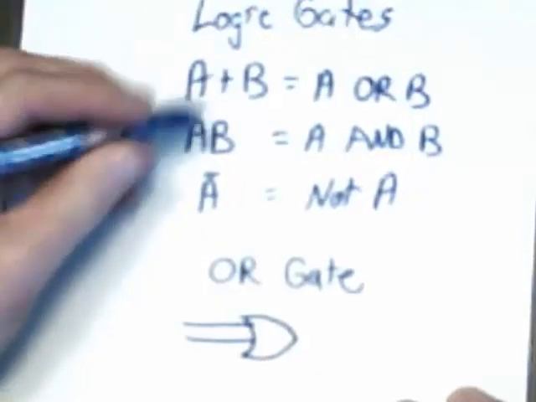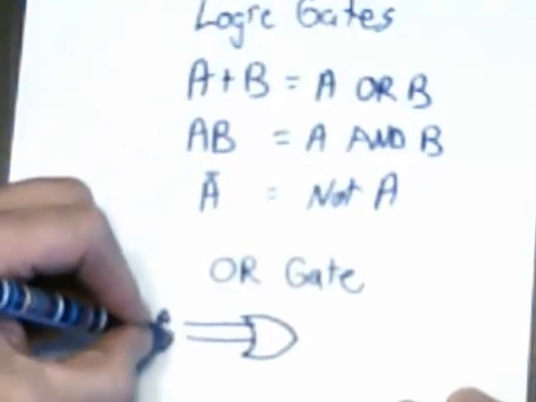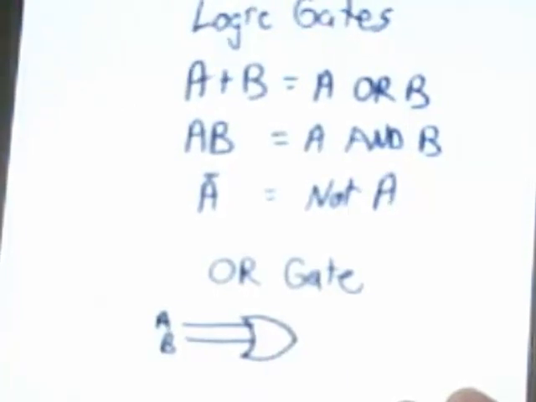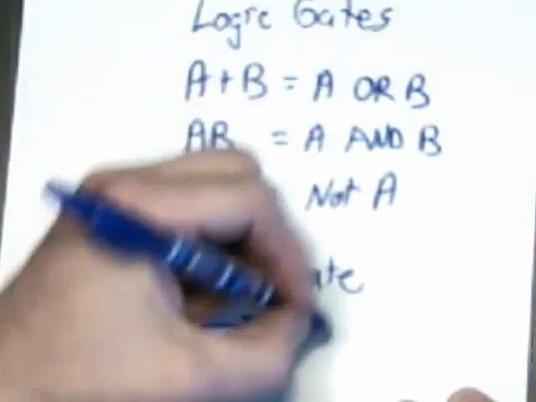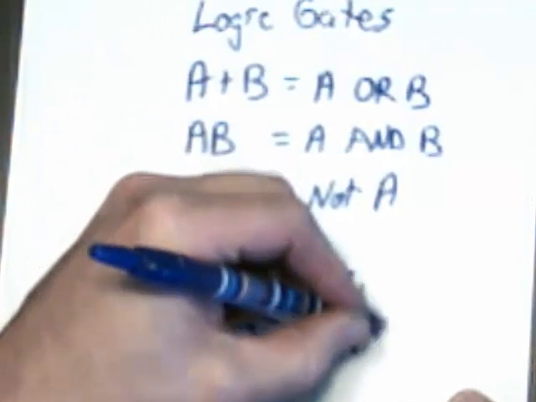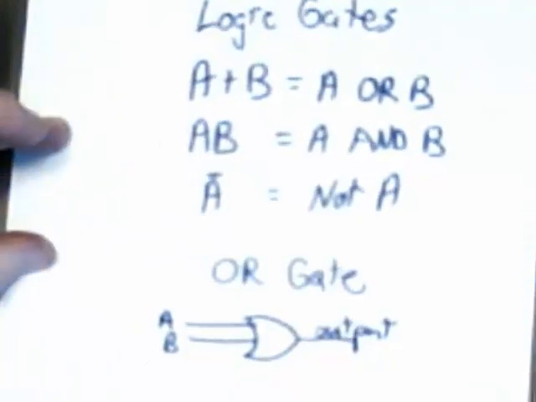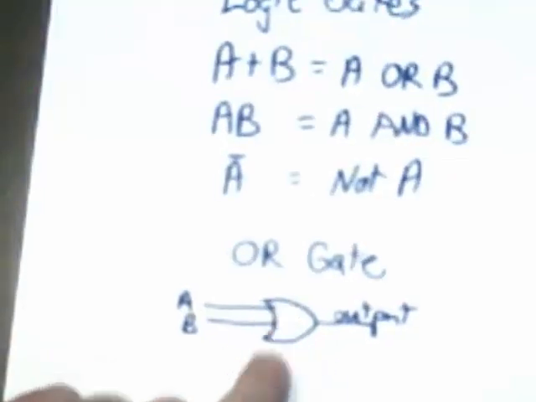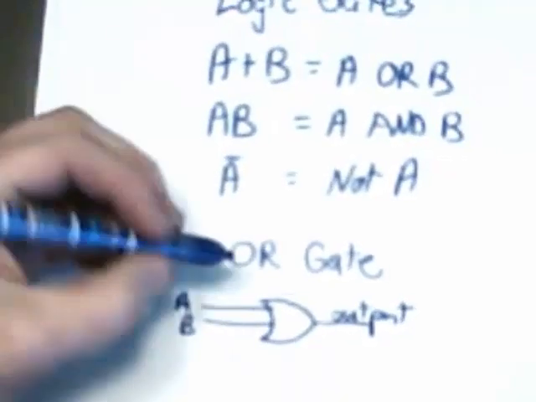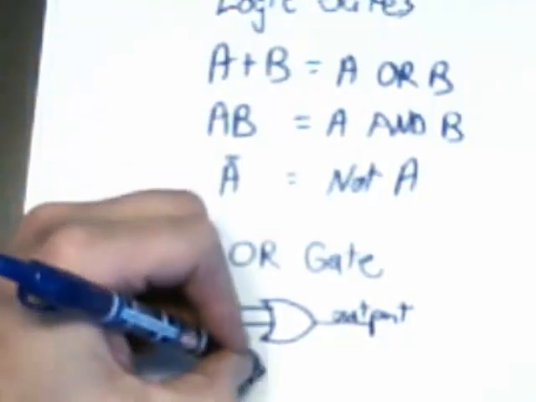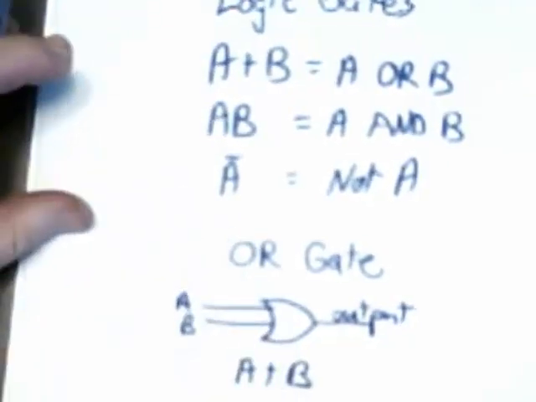The two inputs up here would be A, B, are the two things going in. This is going to add them together, or them together, and this will be my answer. We're going to use the word output. What you see right here is the logic gate representation of A plus B.